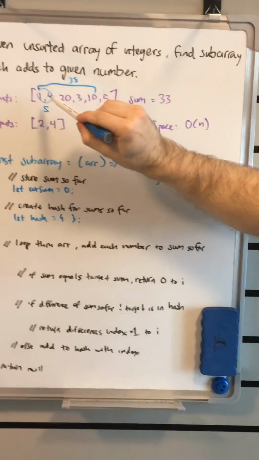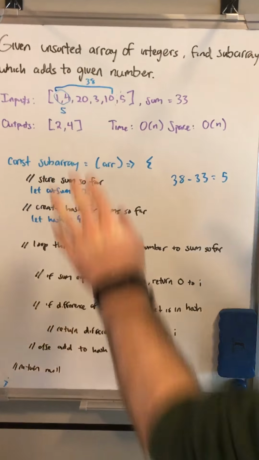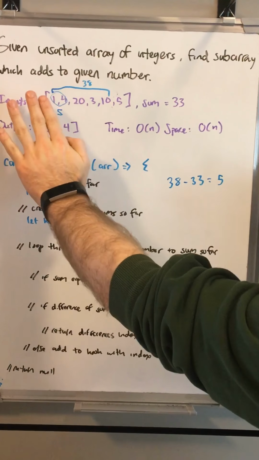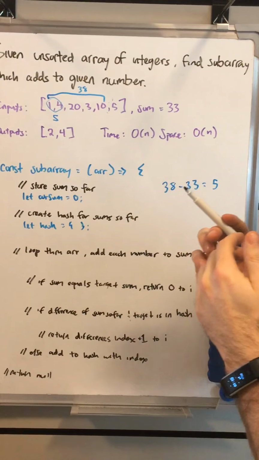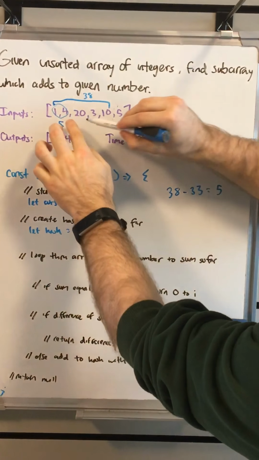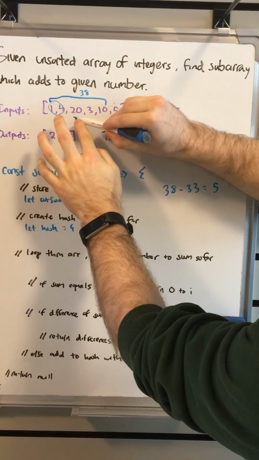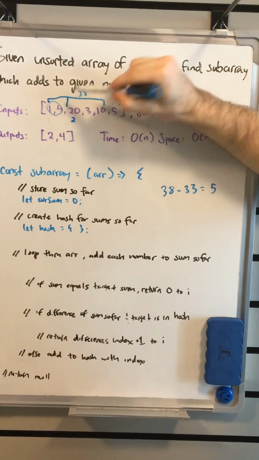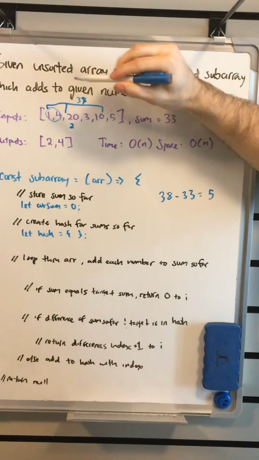That gives us 5. So what that means is if we take away those indices, then we would have the correct target. If we take away those indices, 0 and 1, and move the index up to the second position, then we know that that would equal 33 for us.